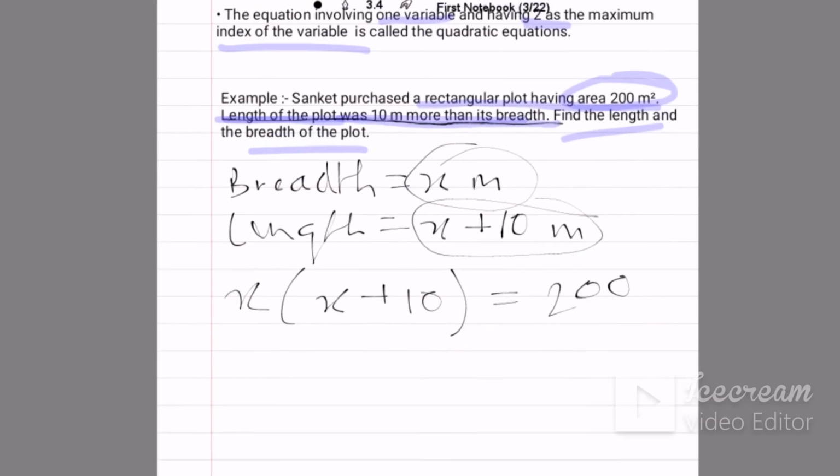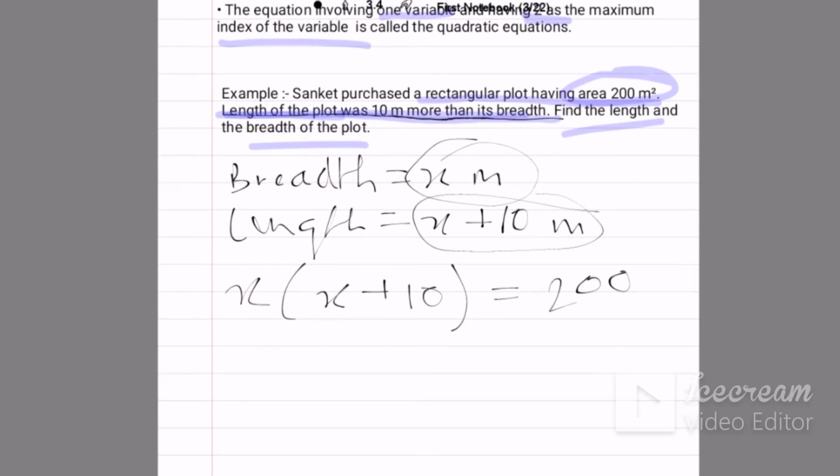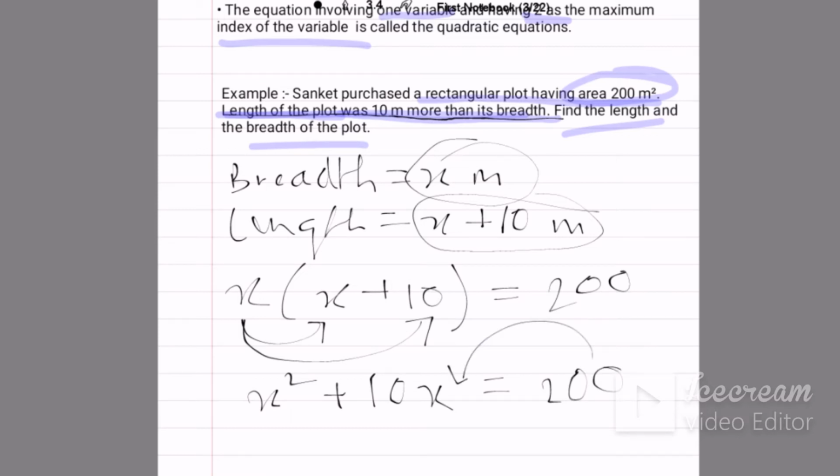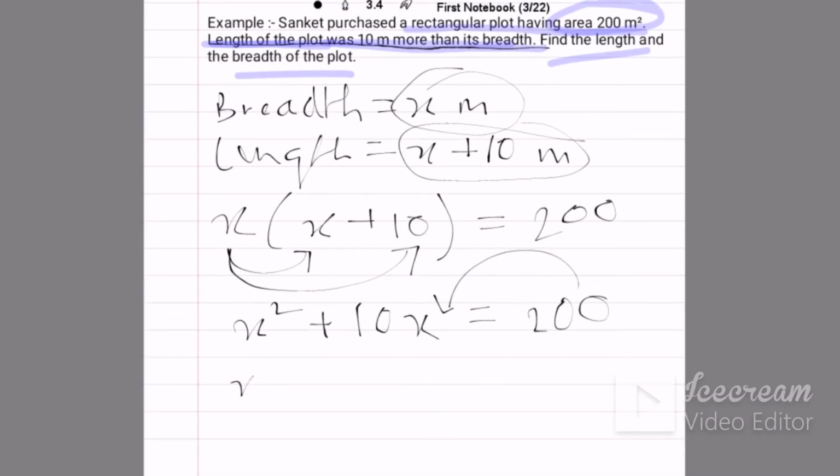If we multiply these two terms, x into x is x square, and x into 10 is plus 10x, is equal to 200. Taking this 200 to the other side, we get x square plus 10x minus 200 is equal to 0.